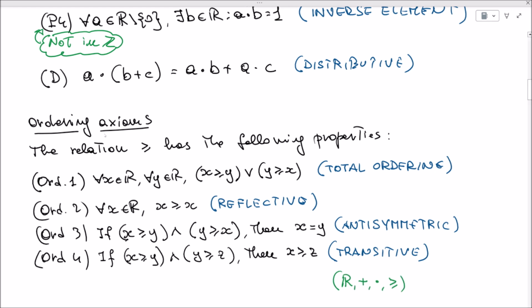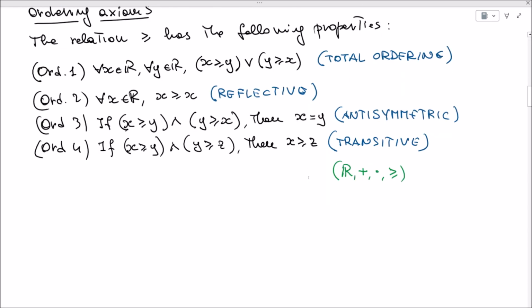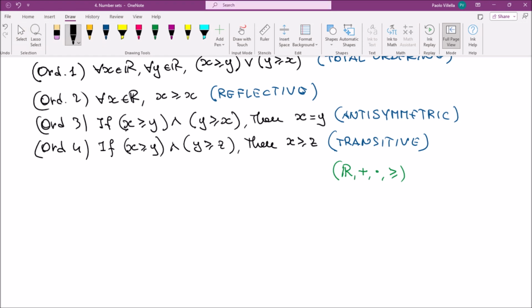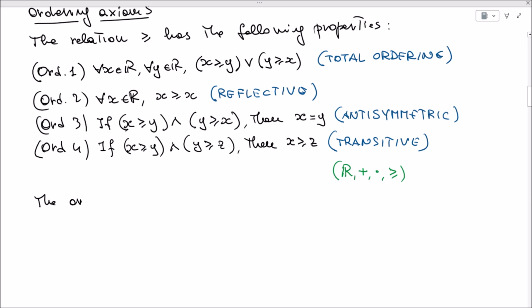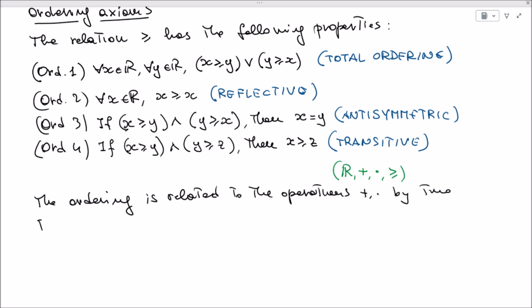So we can introduce now two additional properties, and we can say that the ordering is related to the operations plus and times by two properties.